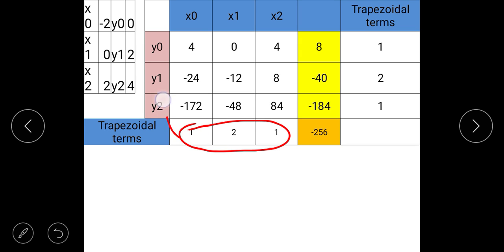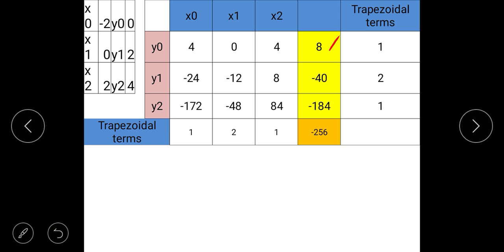Now 1 into 4 plus 1 into 4, that is 8, plus 2 into 0, you will get 8. You can write here 8. Now similarly, after getting 8, next is 1 into minus 24 plus 1 into 8 plus 2 into minus 12. So you will get minus 40.